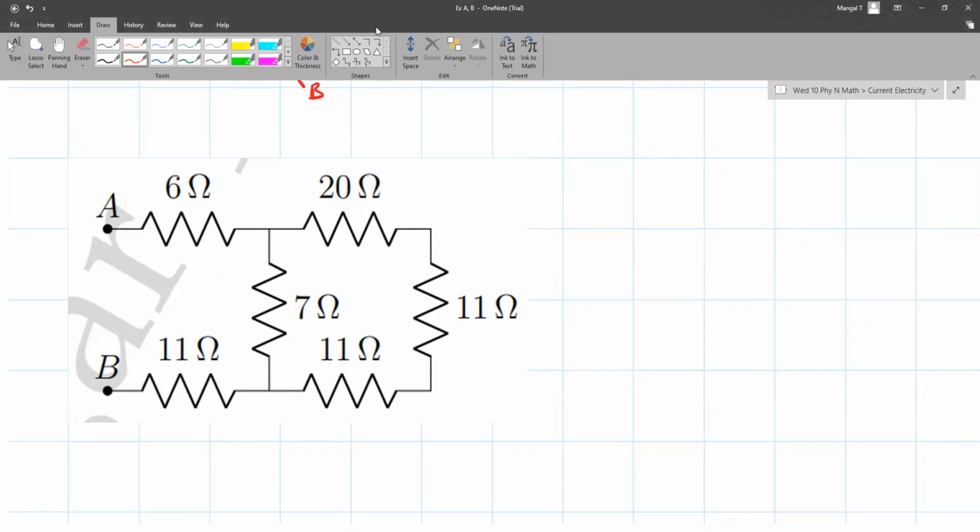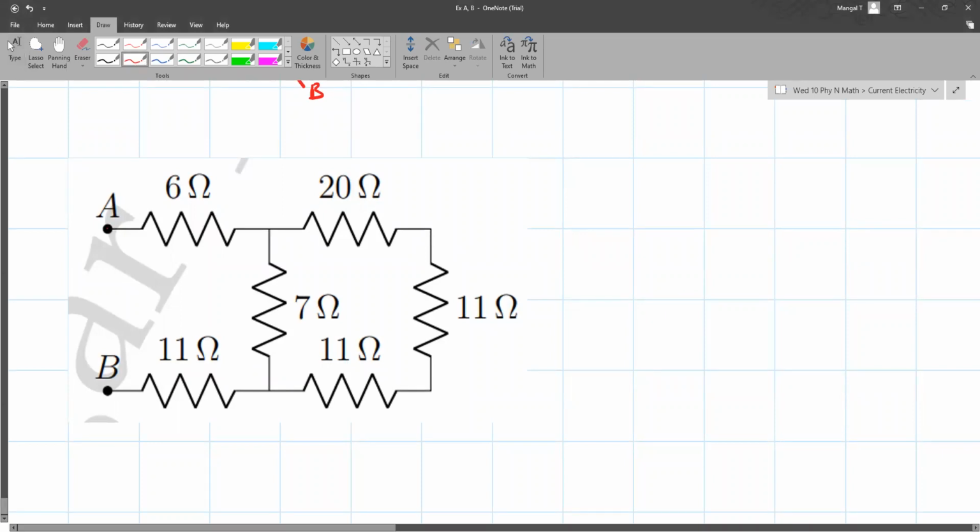Continuing with the numericals that we have been doing, here we have to again find the resistance between A and B, the equivalent resistance. So let's say the current enters at this particular point. That current will flow through 6 ohm, and at this junction, the current will get divided into I1 and I2.